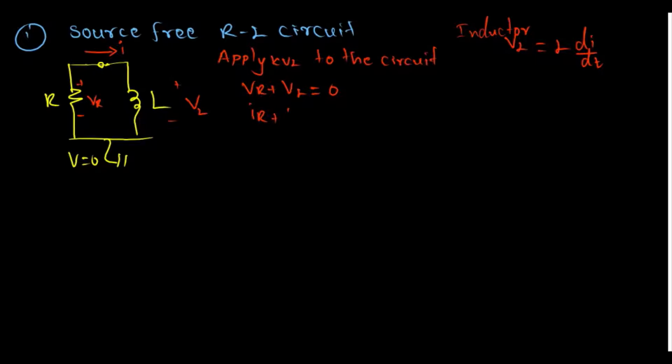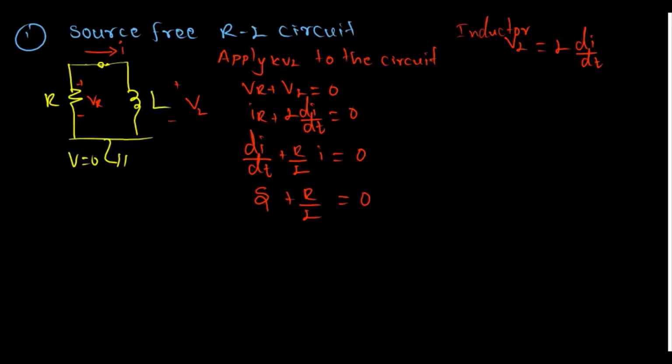So L di/dt plus I R is equal to 0. Arranging this as a characteristic equation: di/dt plus R over L times I is equal to 0, which is nearly like S plus R over L is equal to 0.